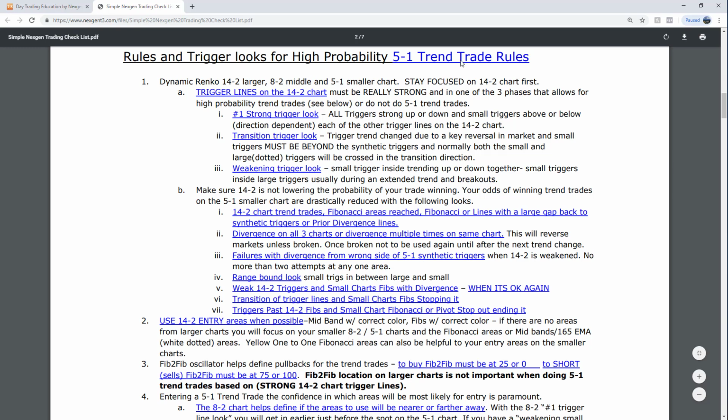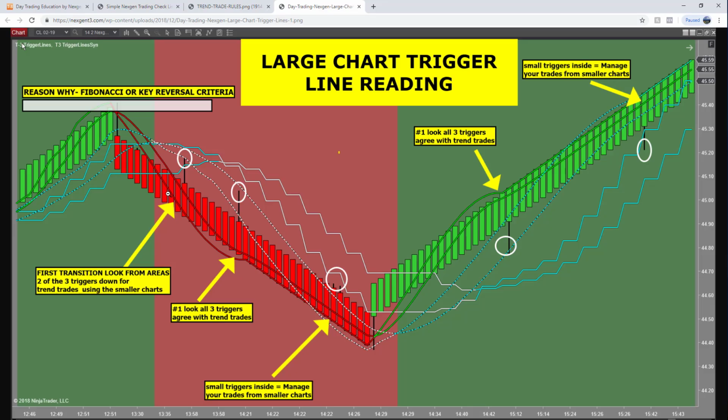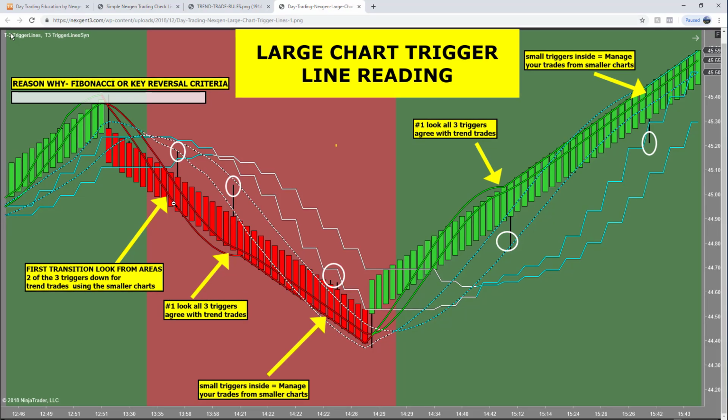Now, I'm going to go on the assumption that you know two things, okay? That if your 14-2 chart triggers are below and you've got tails, that you have the potential for a trend trade. And then ultimately, if your small triggers are above and going up and you've got tails, you've got a potential for a trend trade.